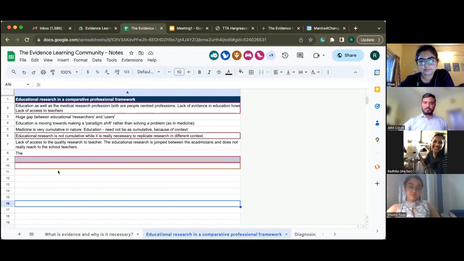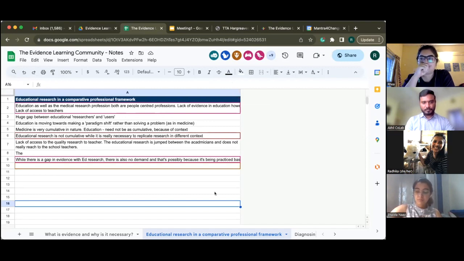Someone pointed out that both are people-centric professions, so that's a huge parallel, and that is why it's been used in the paper. But we also spoke about how there is a lack of evidence in education as compared to medicine, and there is a lack of access to quality evidence for teachers as well.